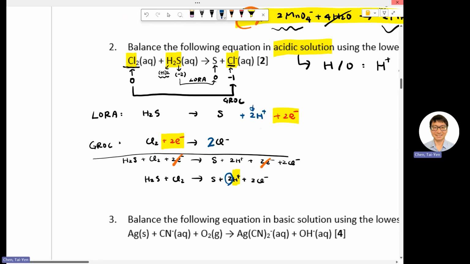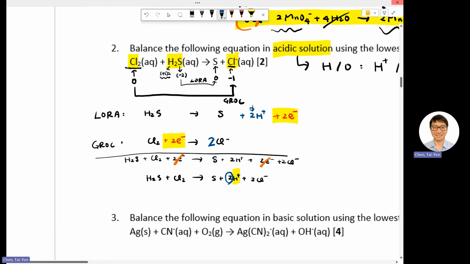All right, so it's basically the same process that we went through in question number 1. The only difference is that in question number 1, we conduct everything in a basic solution.